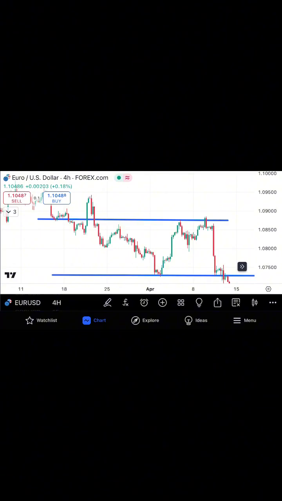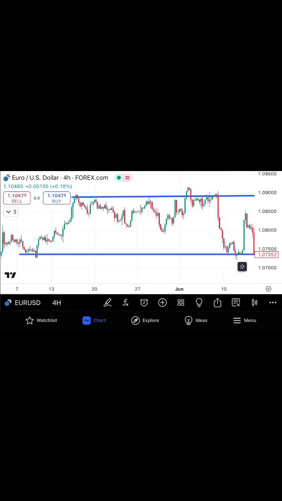All right, okay, let me show you another example before we close for today's class. Like I told you earlier, when I'm doing a sketch, you might not see some of the things that I'm sketching on chart because the market is dynamic.